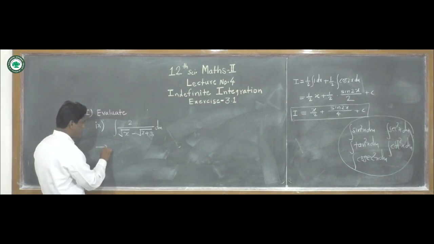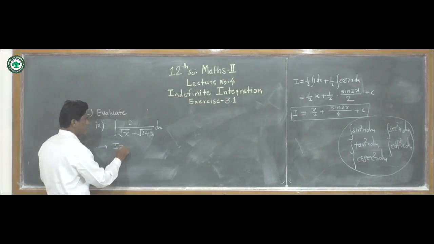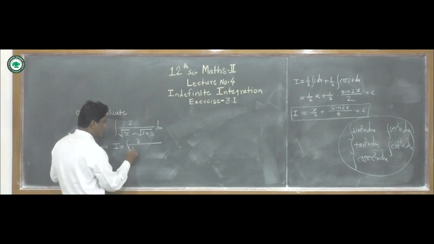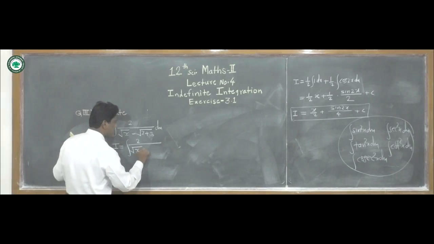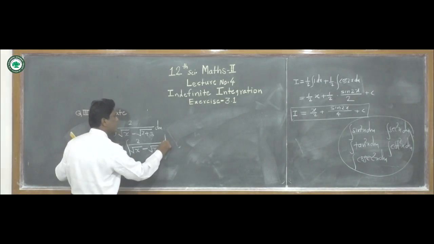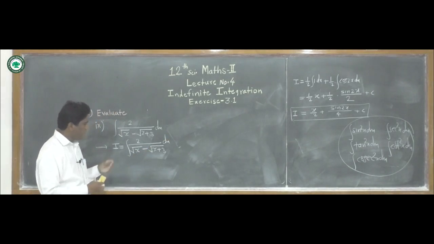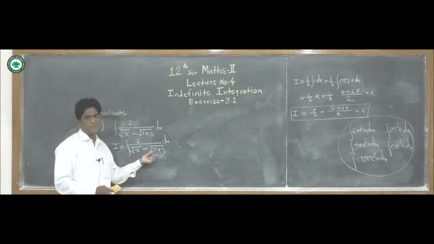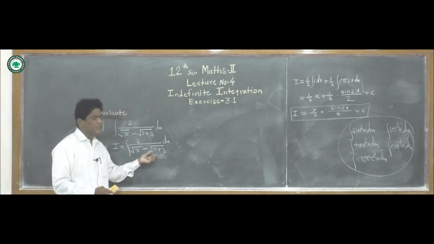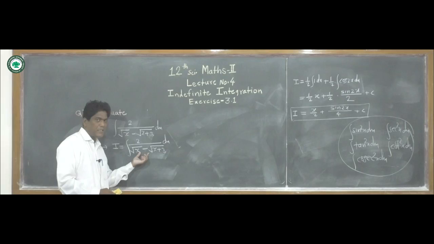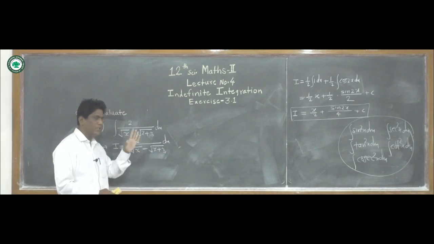So I is equal to the integration of 2 upon under root of x minus under root of x plus 3 dx. When in the denominator there is a subtraction of two root terms, then take the conjugate of this, meaning rationalize this problem. Take the conjugate of the denominator and multiply to numerator and denominator.